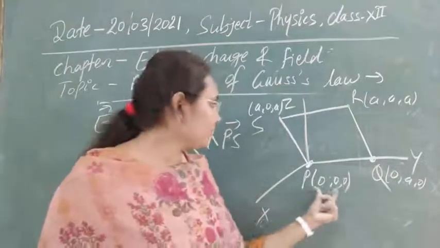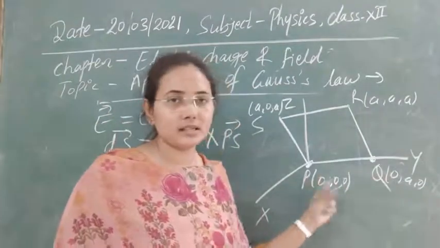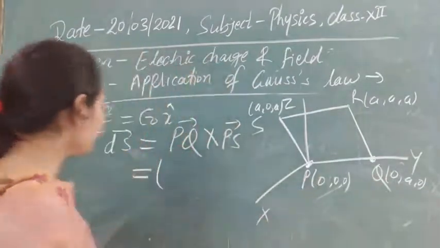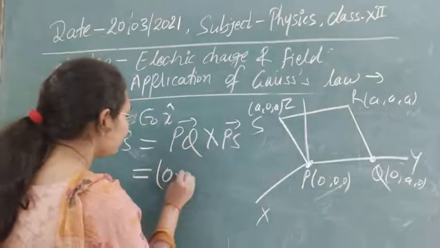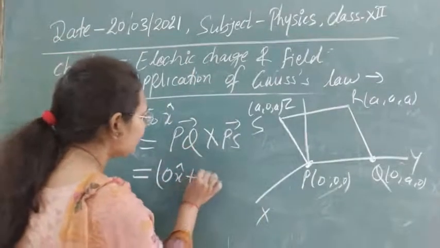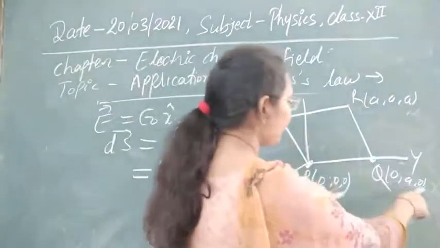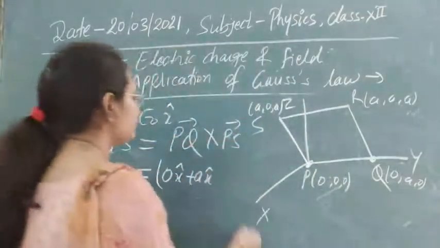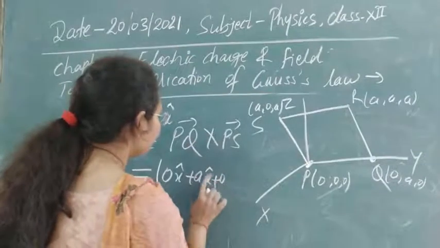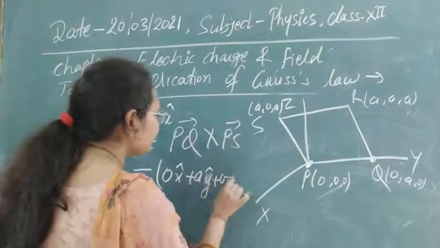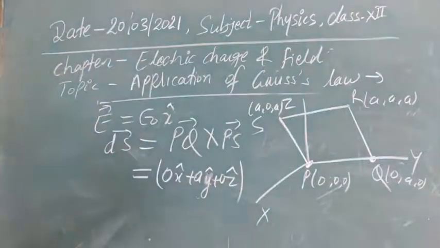So we can write, taking the difference, 0 x cap plus a x cap, and the distance along the y axis is a y cap, and the distance along the z axis is again 0.